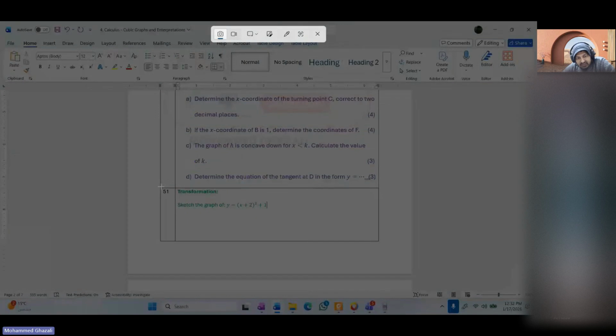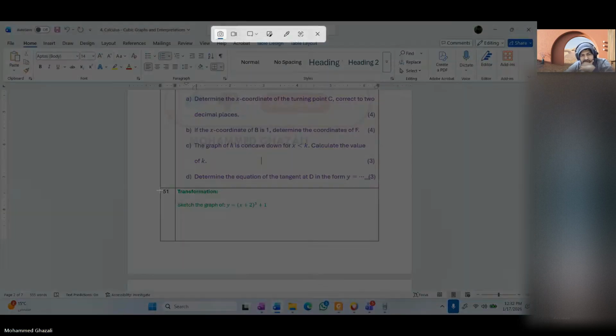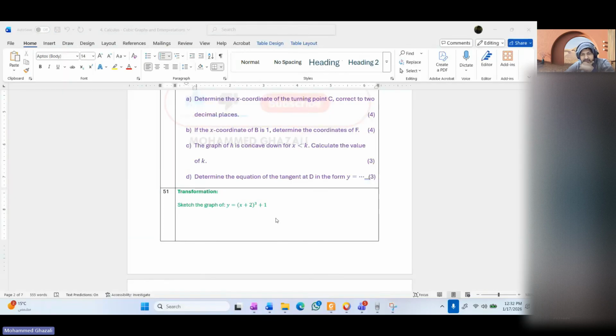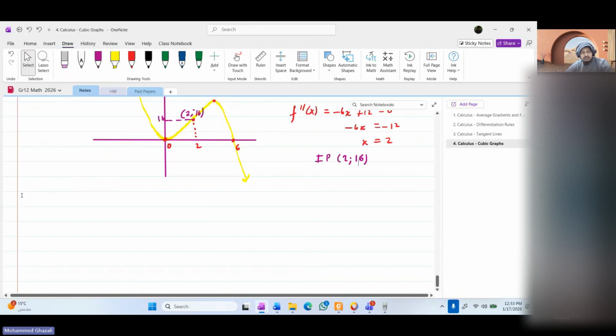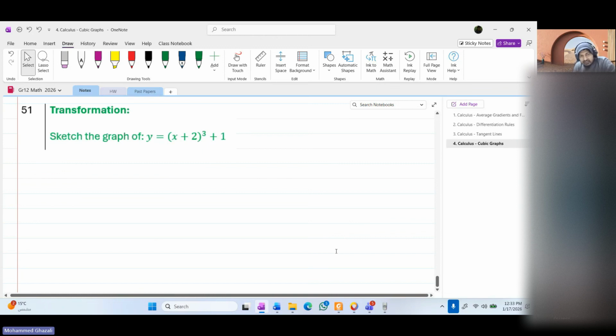What about sketching these types of cubic functions, simple cubic functions, right? Like how you sketch a graph of y equals x squared, and then you transform them. How would I go and sketch a simple cubic function like this? Right, so it's kind of like using transformation to sketch.